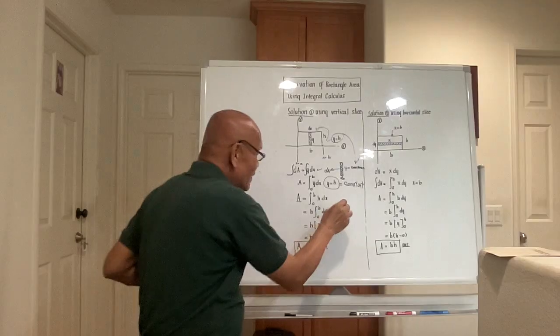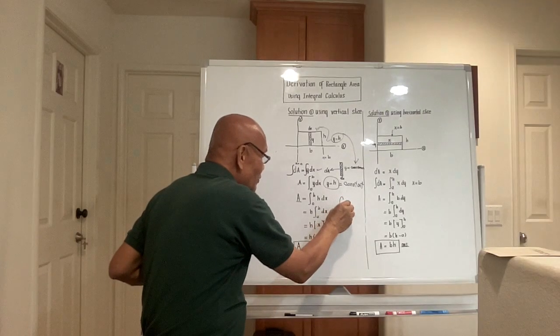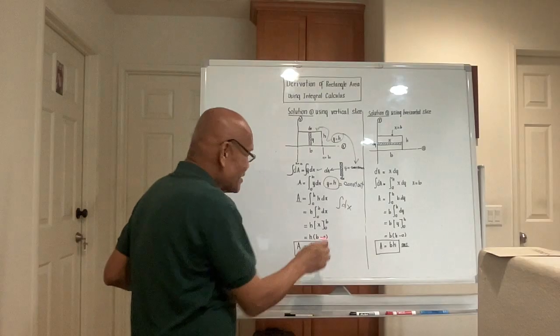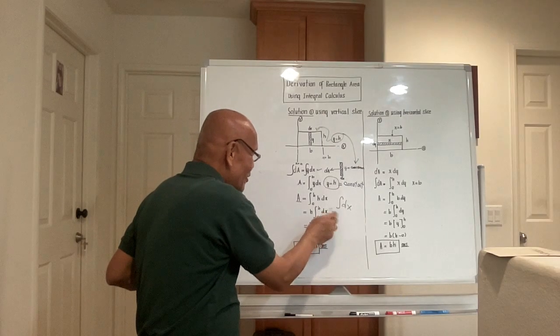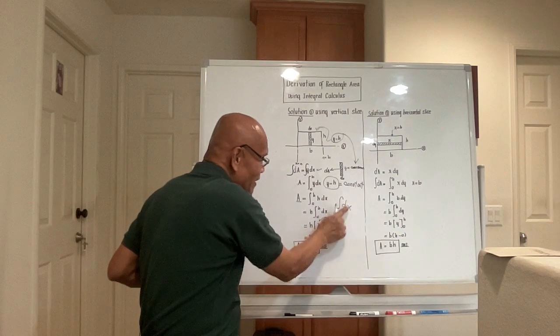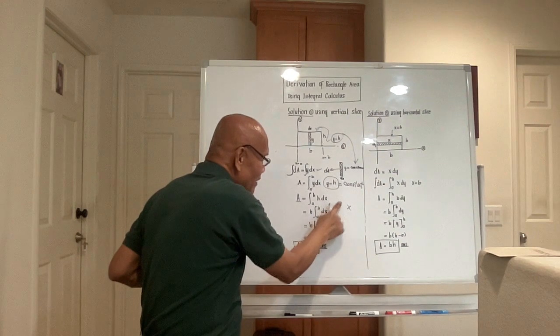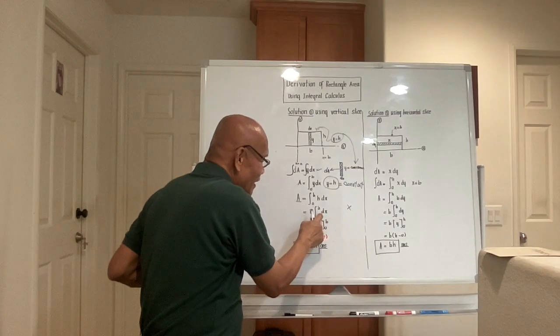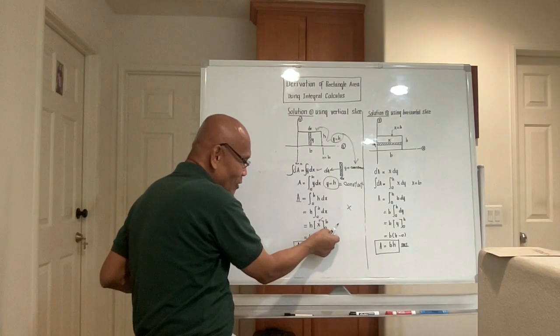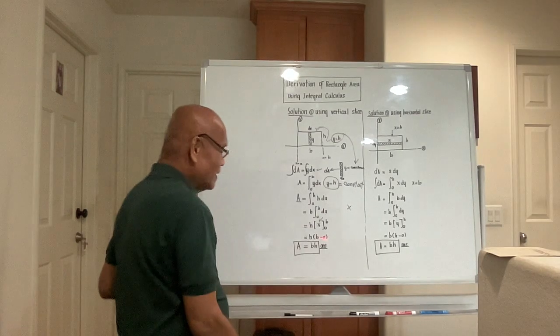And the integral of the differential of x is just simply x, because if this integral sign goes near this differential sign, they will cancel out each other. So the integral of the differential of x will just be simply x. That's why this is x, with the limits 0 to b.